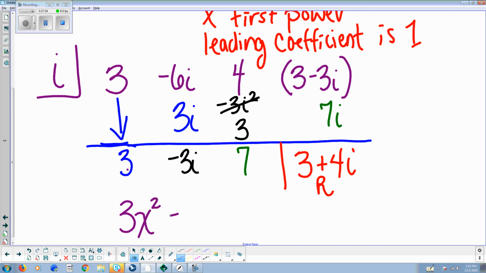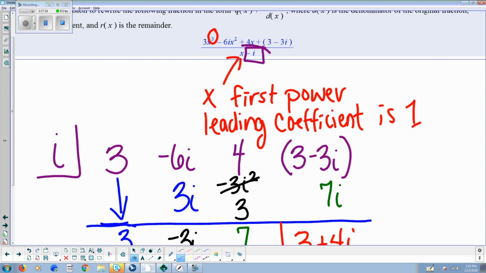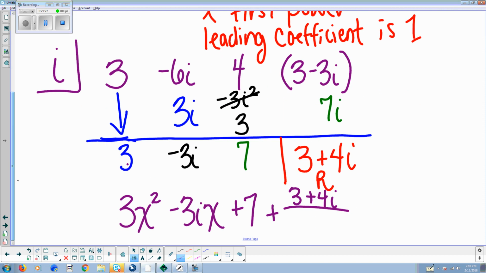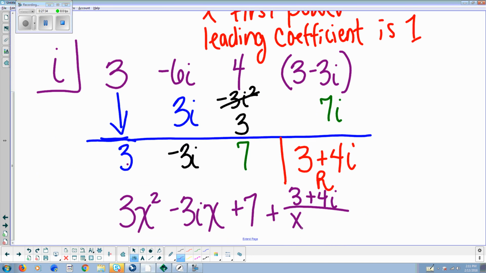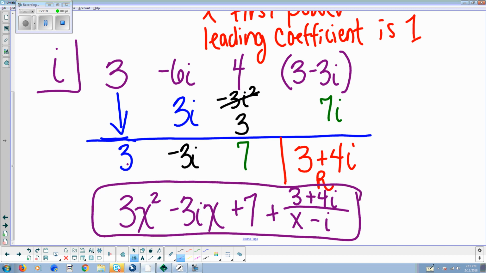My next coefficient is negative 3i, go down 1 power, x to the first. My next number is going to be a constant, plus 7. And my last term is my remainder, plus 3 plus 4i, and that goes over the divisor, which was x minus i. Here is my complete answer.